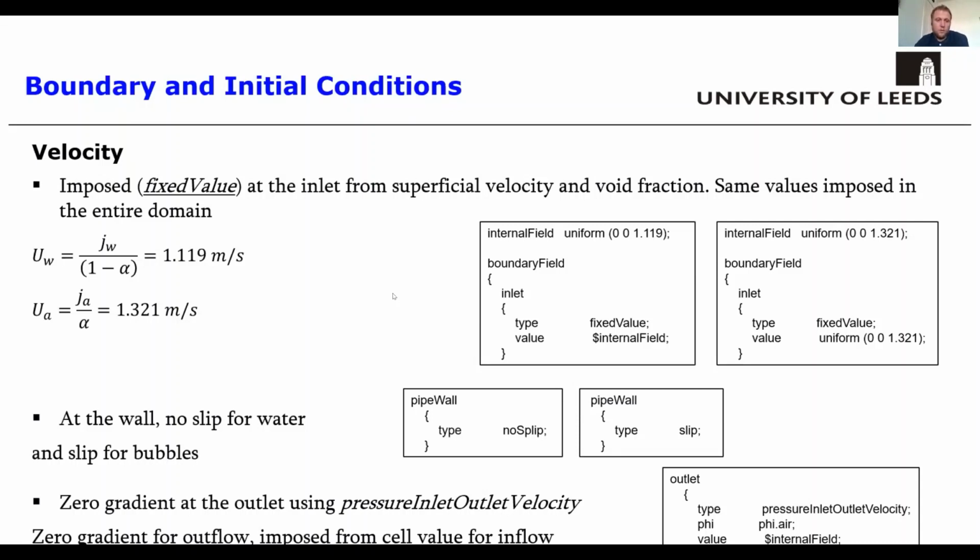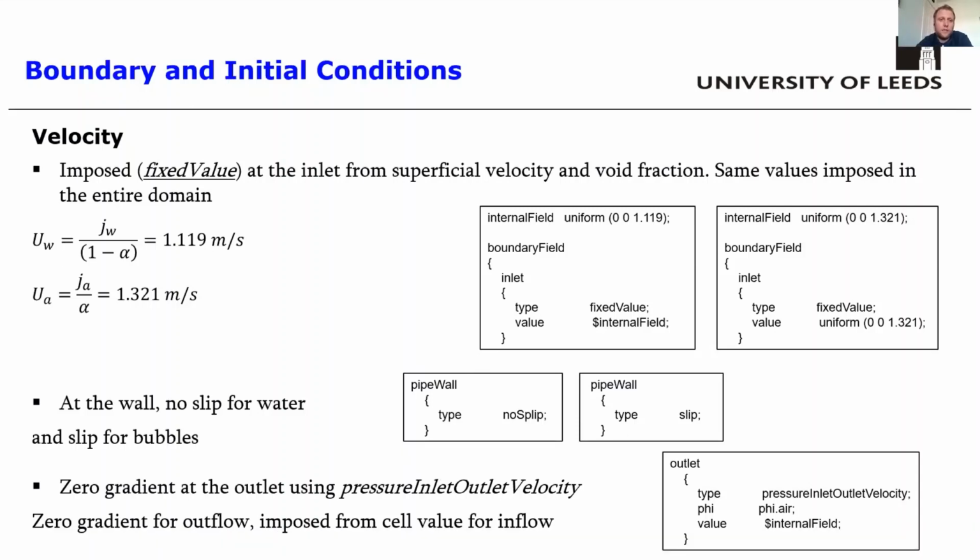So let's go back to the presentation and see the most important things to set up between boundary and initial conditions. The velocity is imposed with a fixed value at the inlet, and the velocity is calculated from the superficial velocity that we know and the volume fraction of the gas. And you see here the results of the calculation and the value of the velocity used.